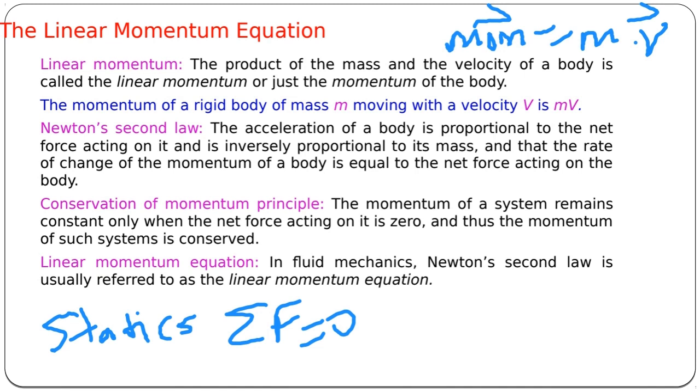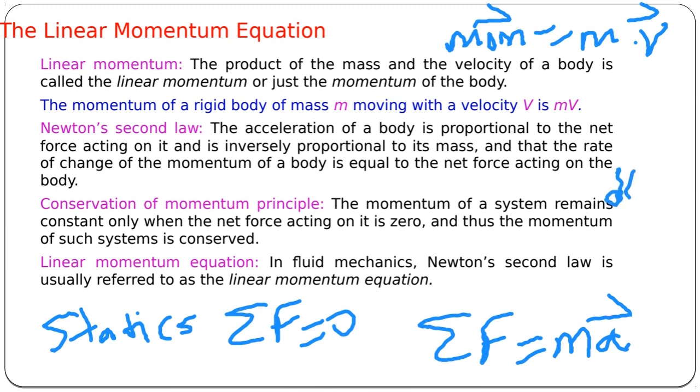On the other hand, if the body is accelerating under the effect of the applied forces, what would happen? It should be greater than zero. The sum of the forces will be equal to m times a. And this m times a is actually the time rate of change of momentum, right?